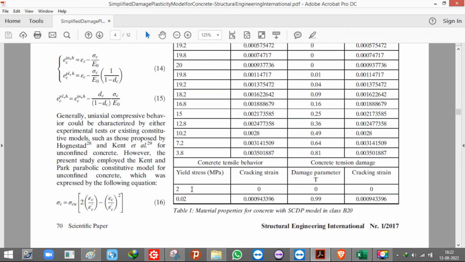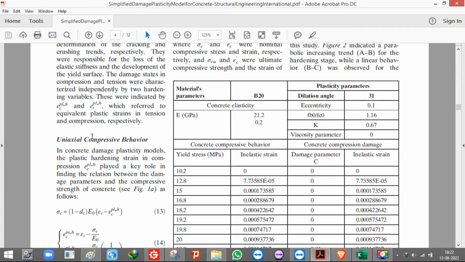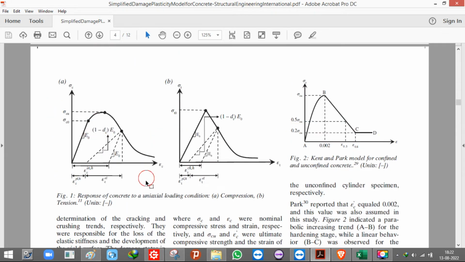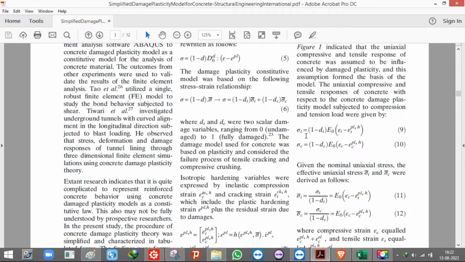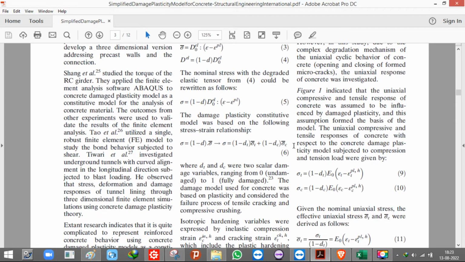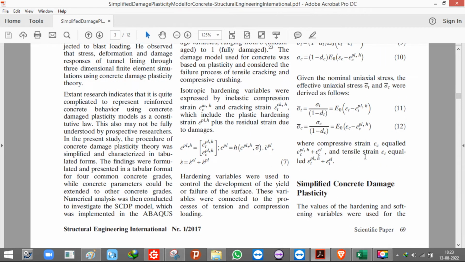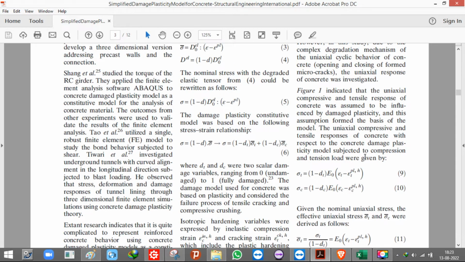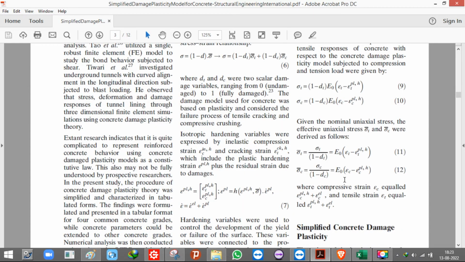See, this is the sketch, and how to get it. See, sigma T and sigma C, and from here you can directly estimate the damage parameters. Now you can use either of these values, okay, and epsilon naught.